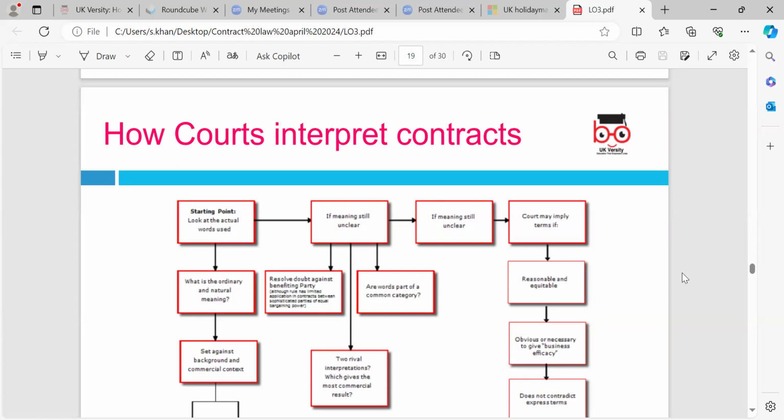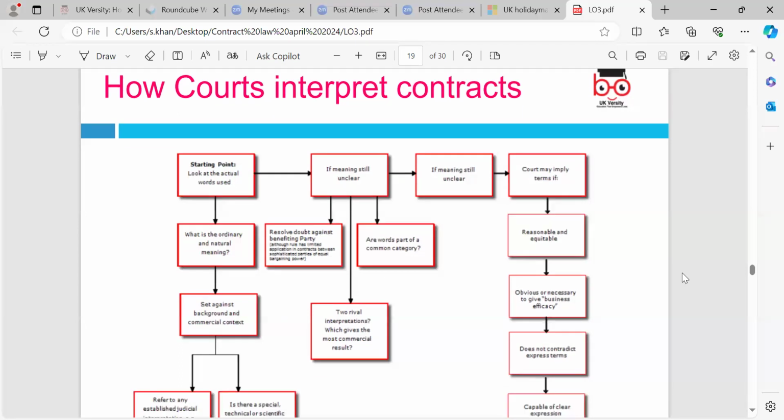If you look at this diagram, it identifies the starting point here, which looks at the actual words used. If the meaning is unclear, then it would go down to the bottom. So resolve doubt against the benefiting party. Are the words part of the common category?